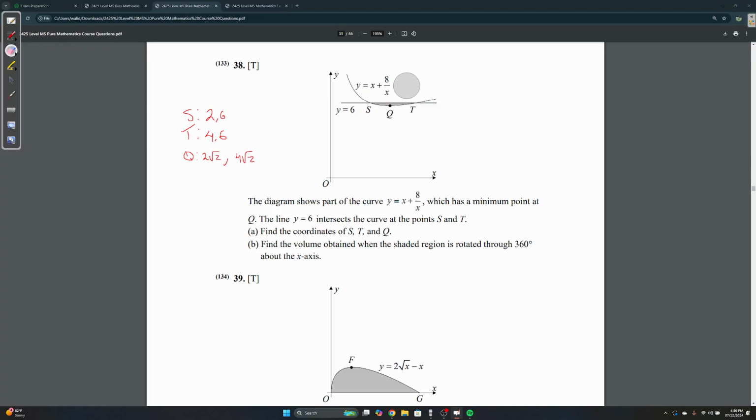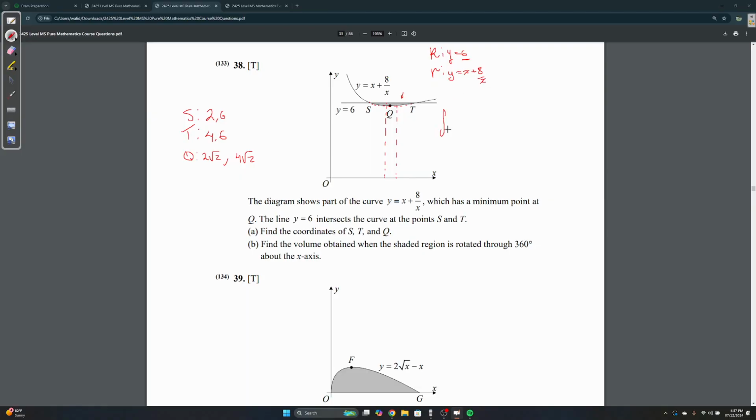But we're talking about x-axis. You look, which one's further away from x-axis? In other words, which one is on top? The one on top is always the bigger radius because it's a larger distance from the x-axis, okay? So our big R in this case will be the one on top, which is y equals 6. So our bigger radius is 6. And our smaller radius will be this curve over here, y is equal to x plus 8 over x.